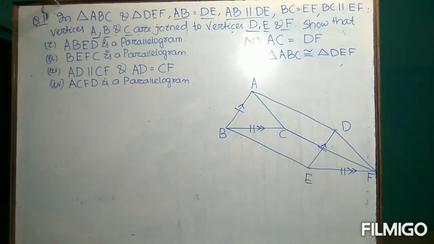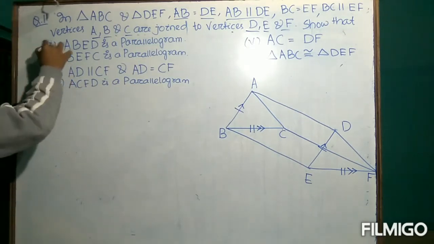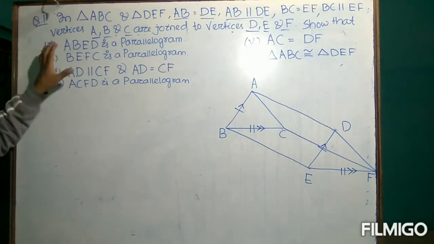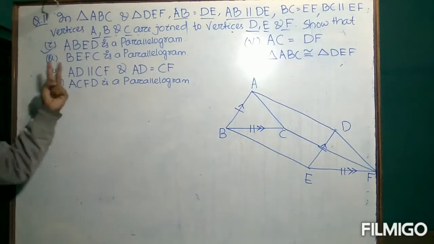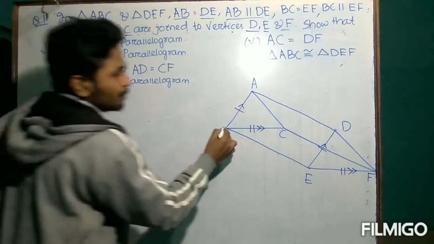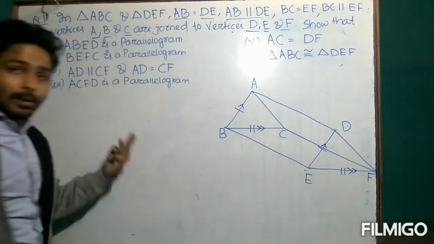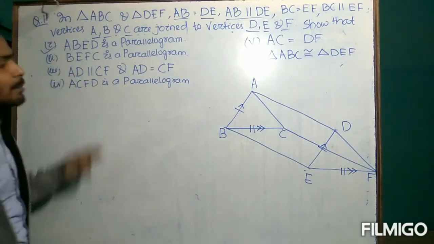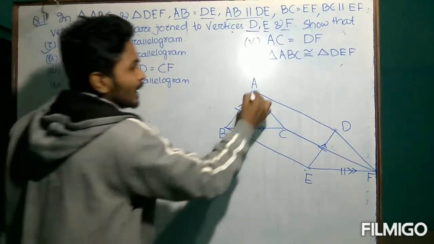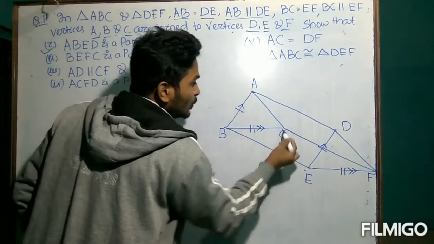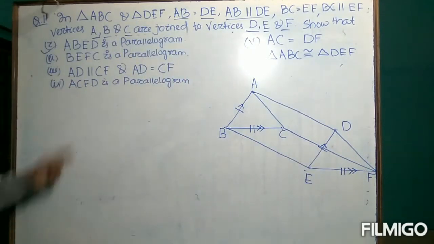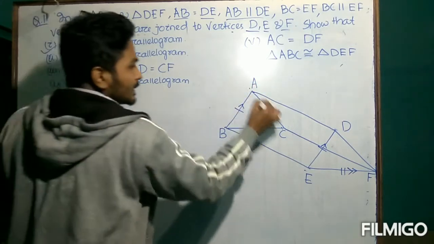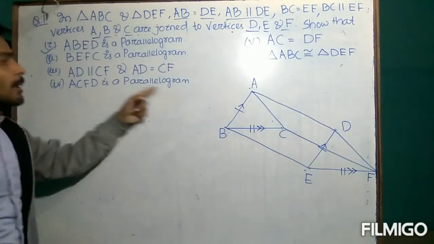Okay, what are the statements that we have to prove? The first statement is that ABED is a parallelogram. Second, BEFC is a parallelogram. Third, AD is parallel to CF. Fourth, ACFD is a parallelogram.